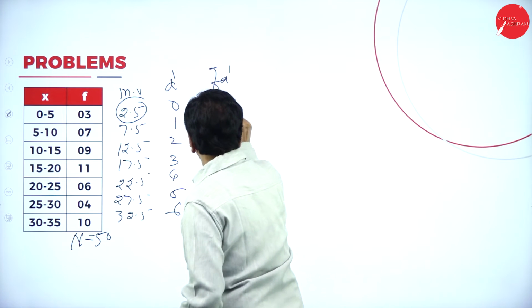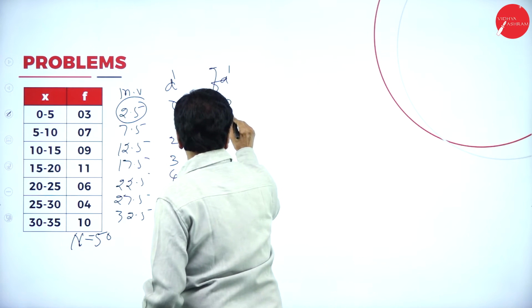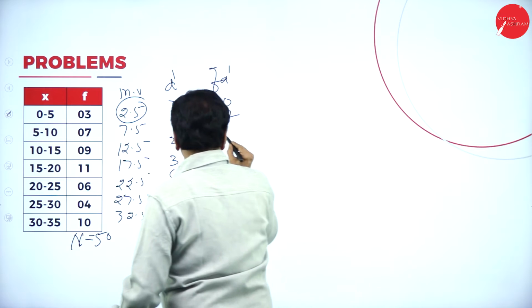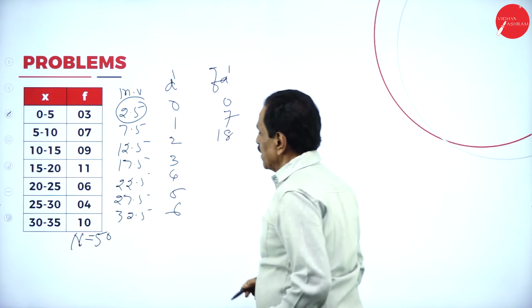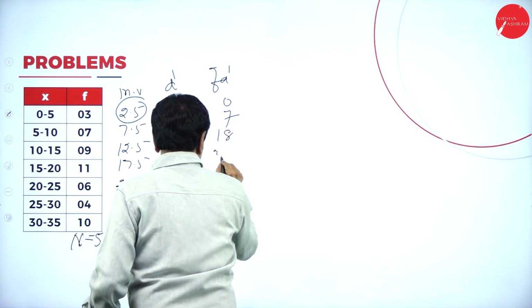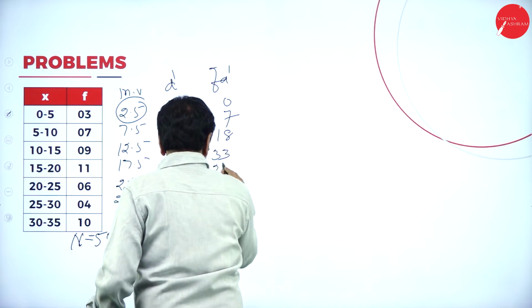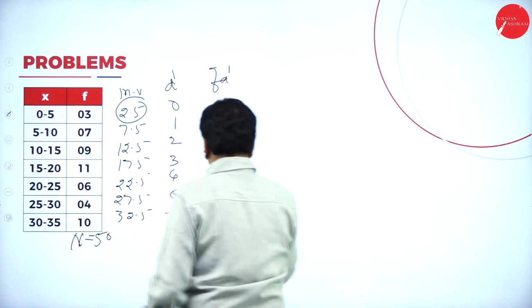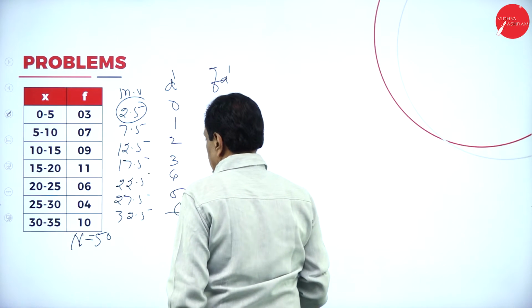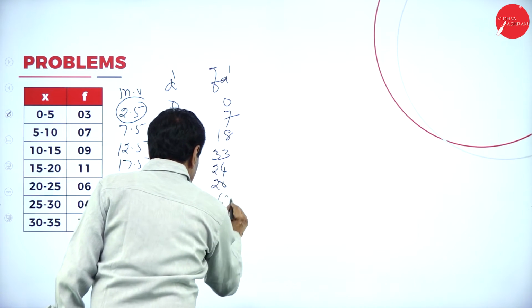3 into 0 is 0. 7 ones are 7. 9 twos are 18. 11 threes are 33. 6 fours are 24. 4 fives are 20. 10 sixes are 60.